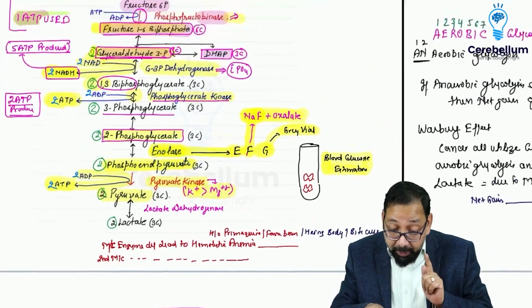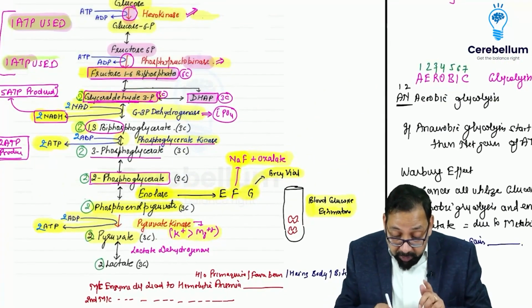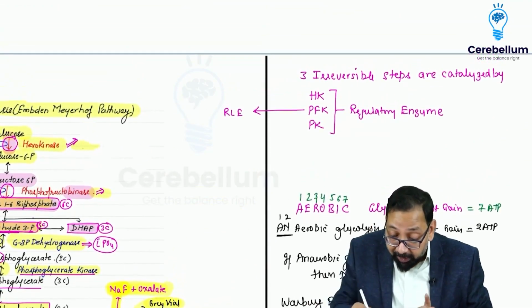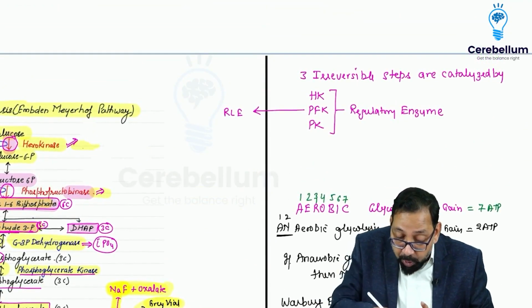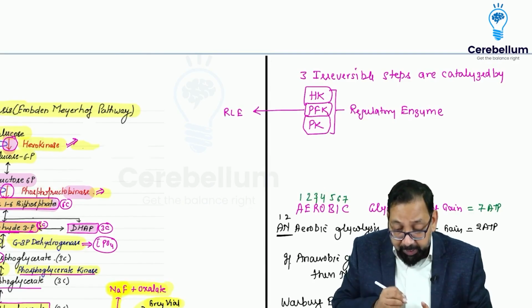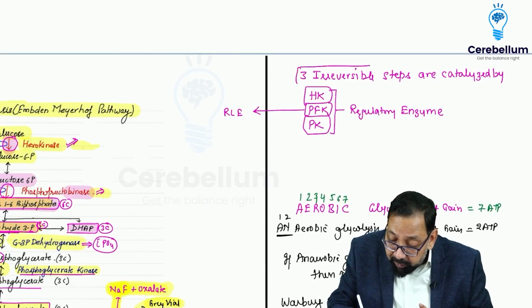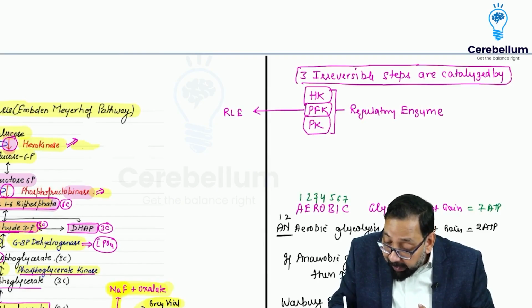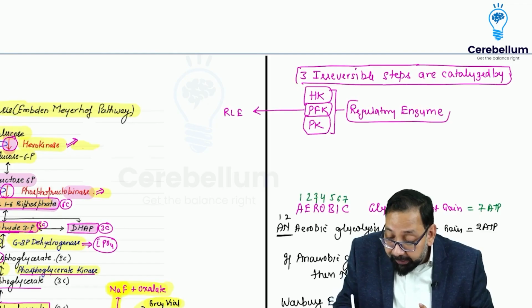So I can say that in glycolysis up to pyruvate, there are 3 irreversible steps which are catalyzed by hexokinase, phosphofructokinase, and pyruvate kinase. These are 3 irreversible steps. Yes. And these enzymes are called regulatory enzymes.